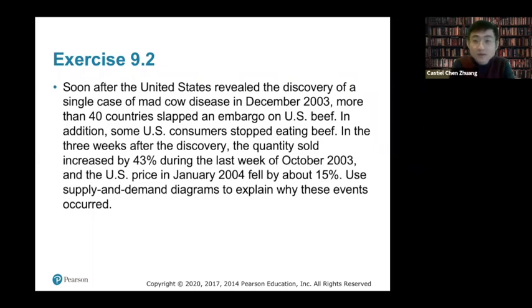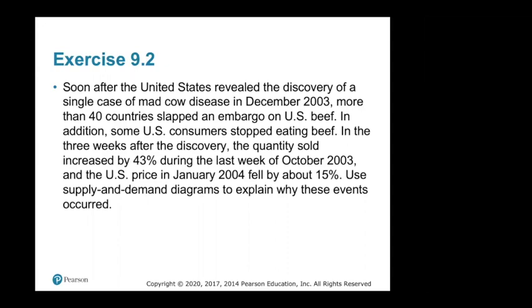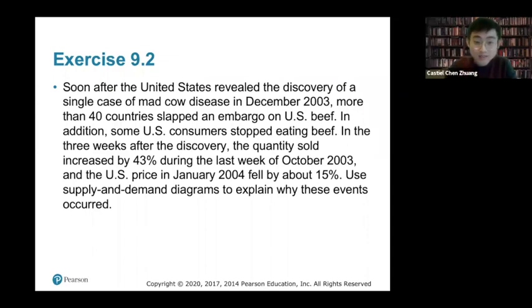Yeah, so when there is an embargo on US beef, which means the US firms cannot export their beef to other countries, what will happen to domestic supply? It'll increase. Yes, because you cannot sell your products in other countries, then you have to sell them in your own country, right?